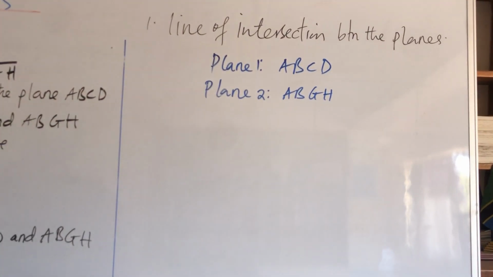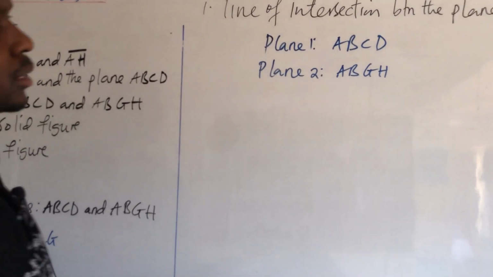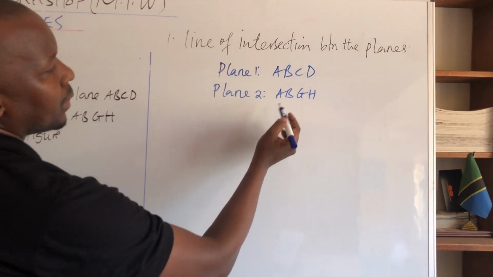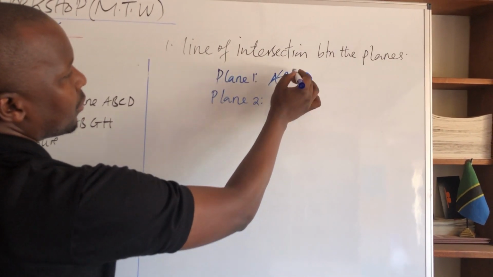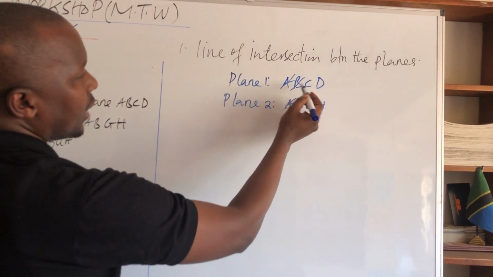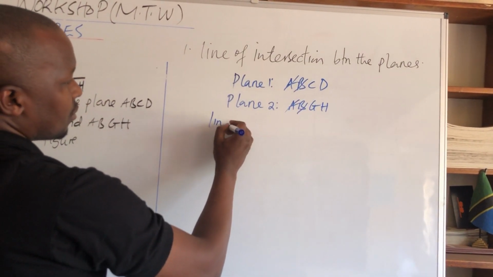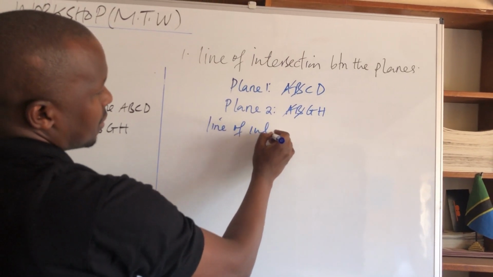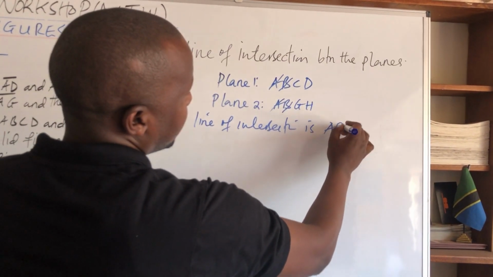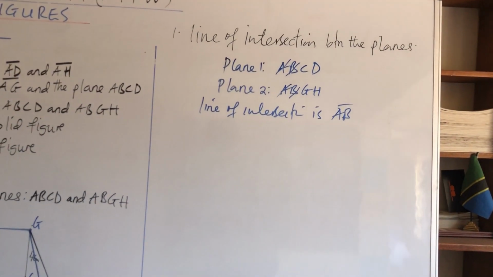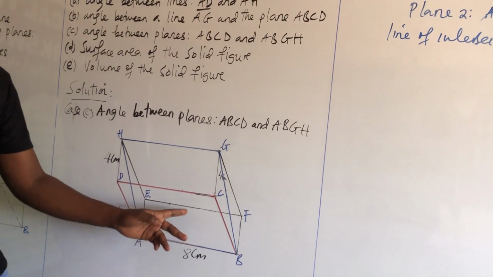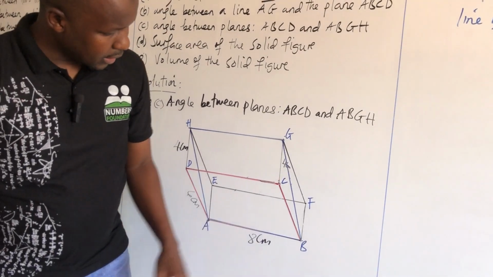Now we can note the points of intersection, the points that are found in one plane and the same are found in the second plane: point A and point B. So these 2 points, A and B, form a line of intersection. The line of intersection is the line segment AB. And you can see from the diagram that it is the line where the 2 colors intersect, A and B.